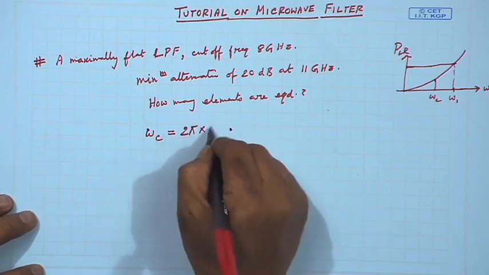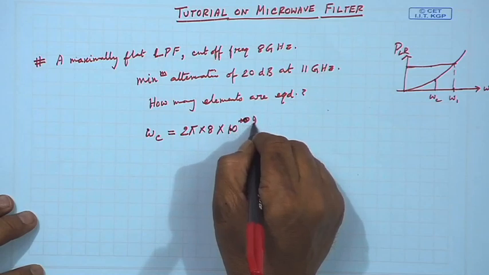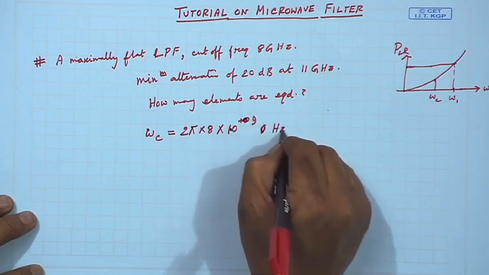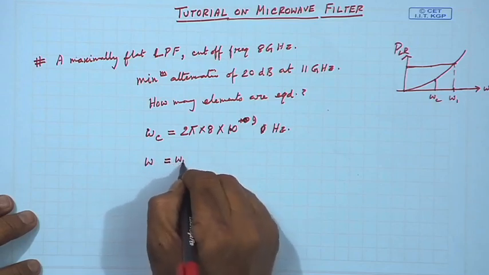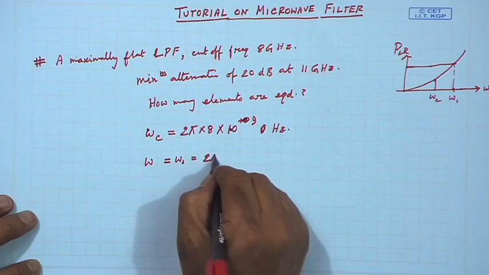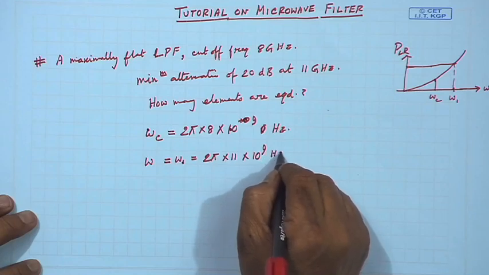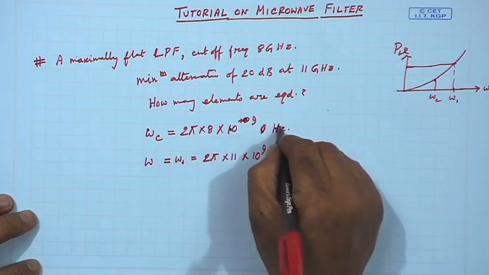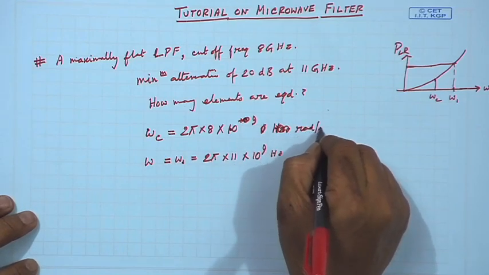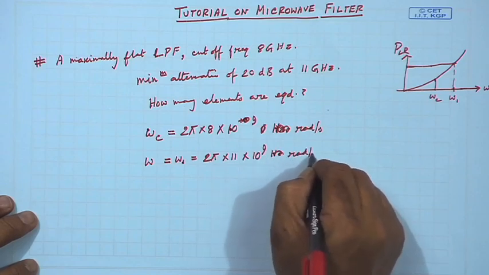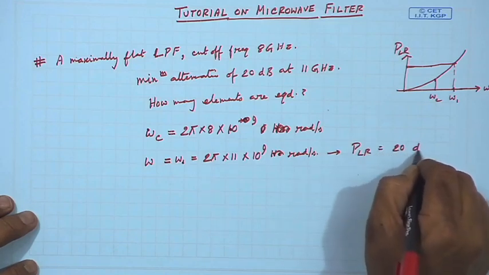Omega c is 2 pi into 8 into 10 to the power 9 hertz, 8 gigahertz. And what we want is that at omega equal to omega 1, which is 2 pi into 11 into 10 to the power 9, not hertz, omega cannot be hertz, omega is radian per second, this is also radian per second, I require that PLR should be 20 dB.